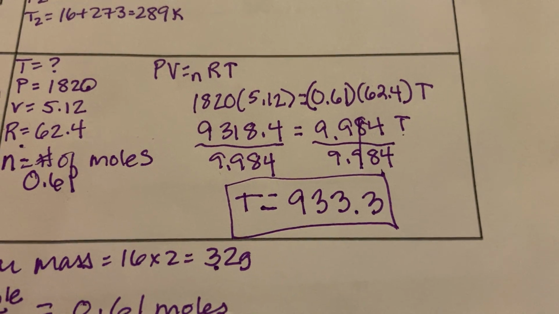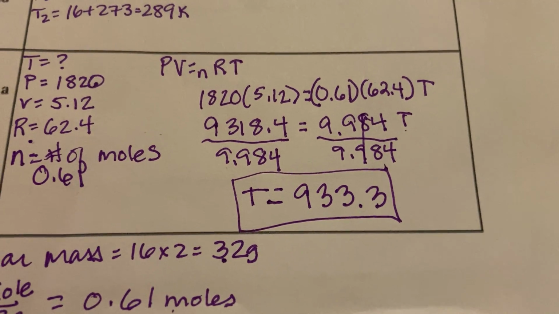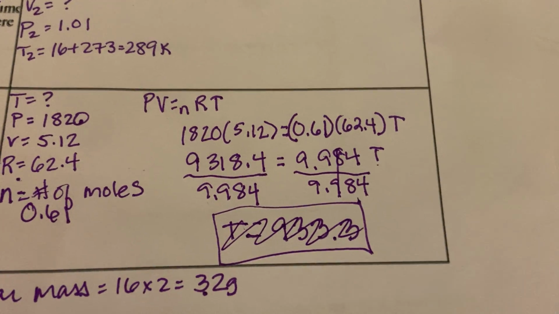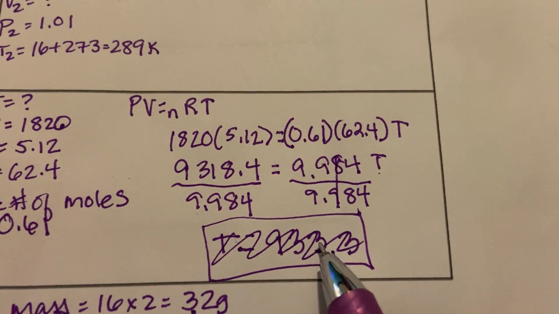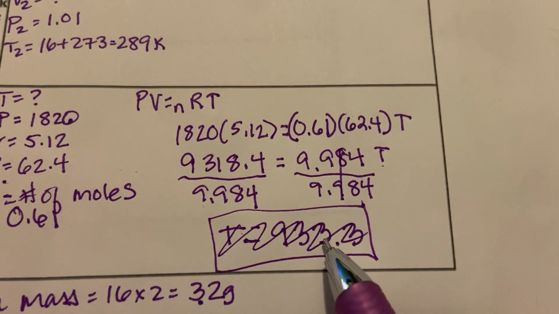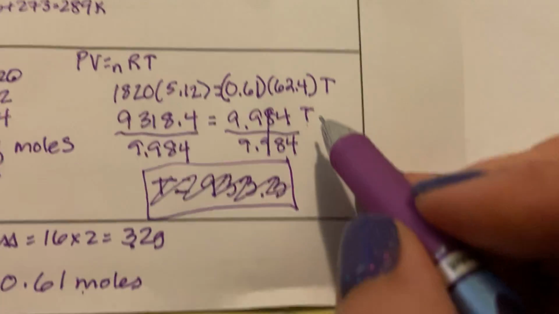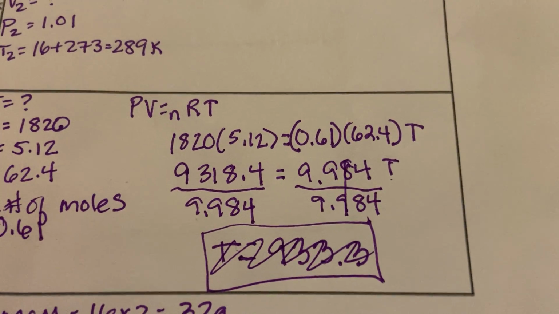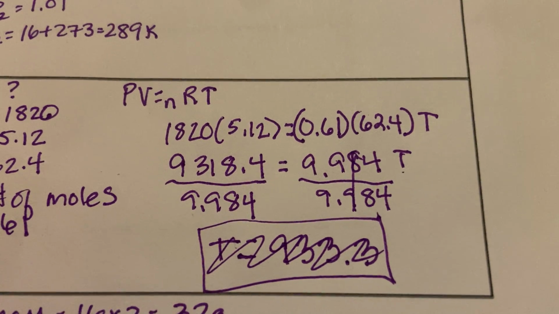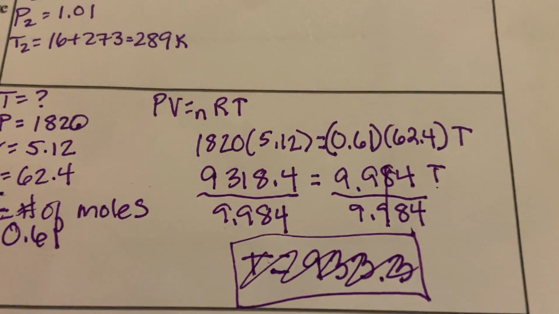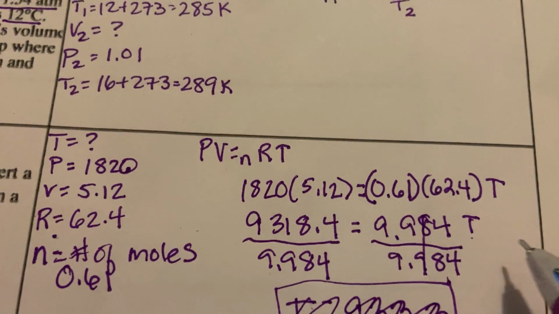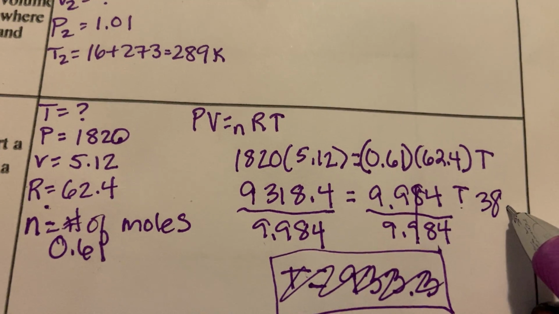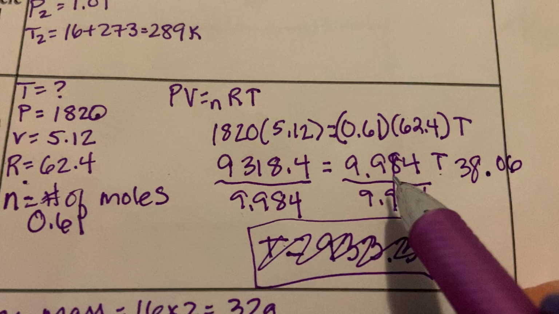I did make a mistake. Oh my gosh, it does happen. Okay. This 0.61 times 62.4 actually is 38, I believe. 0.61 times 62.4 equals 38.06 instead of this.